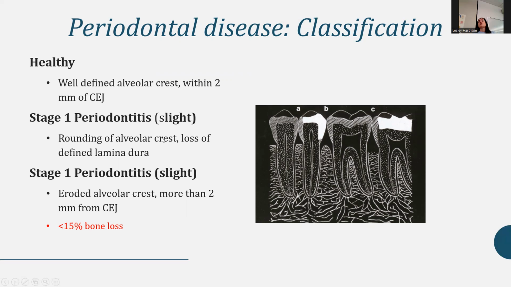Rounding of alveolar crest, loss of defined lamina dura. If you can see a really defined lamina dura and you think you see a little widening of the PDL, it might not be bone loss. So we can't always say definitively 100%, well, I see that there, so that's bone loss.